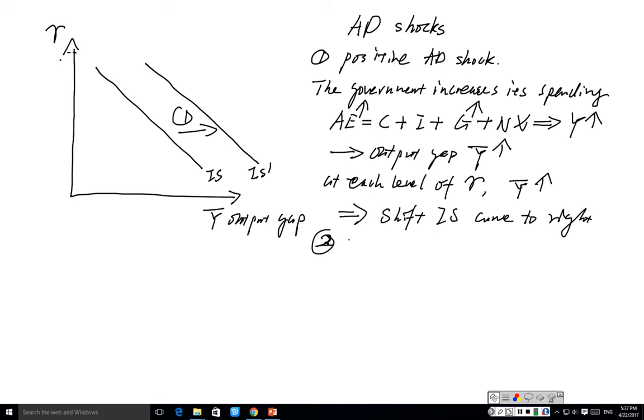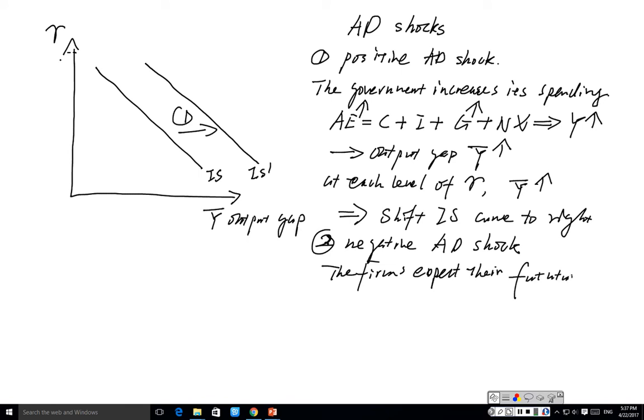Then we move on to the negative aggregate demand shock. In this case, let's imagine the firms expect their future profit to drop.